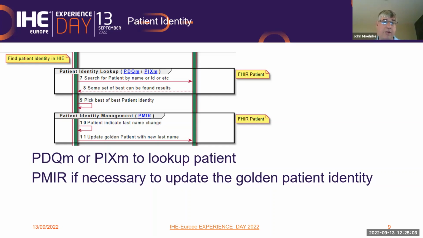The next box below that, sections or numbers 10 and 11, are focusing on, hey, we noticed that the patient has indicated they've updated their last name. So, okay, well, under the FHIR, which is brought into MHDS, we are managing in the central infrastructure a golden patient resource. So in this case, we update the golden patient resource within that central infrastructure.